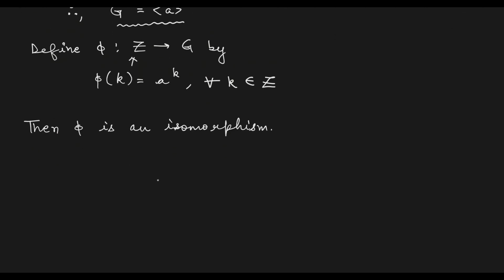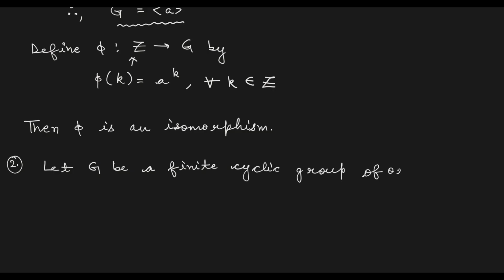Second example, let G be a finite cyclic group of order n. Then G is isomorphic to Zn.